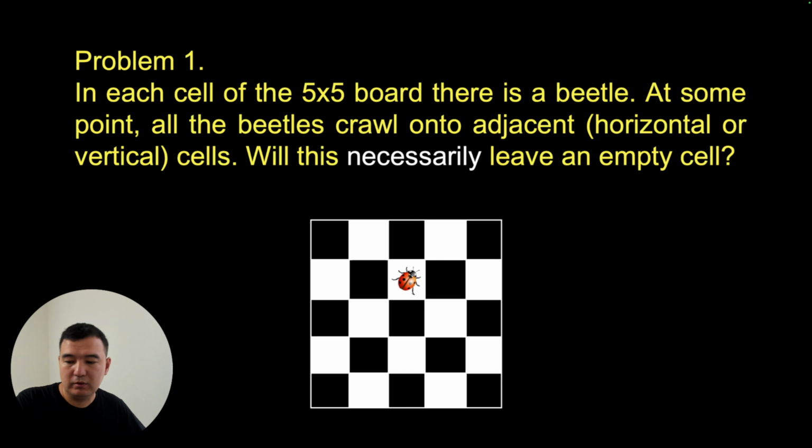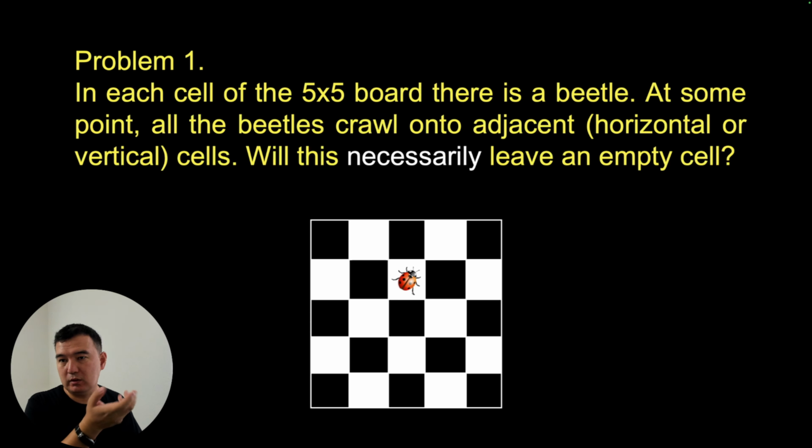So I'm going to divide into 2 groups. If you do that, there is one simple pattern that you can see. A beetle that's on a white cell will always move to a black cell, because the neighbors of the white cell are black and neighbors of a black cell are white. So basically we will have beetles that are on white cells and black cells.